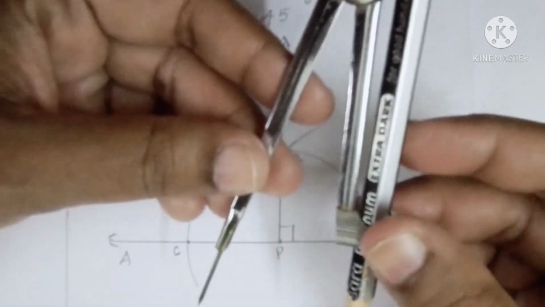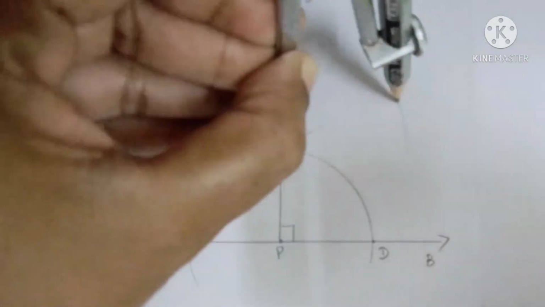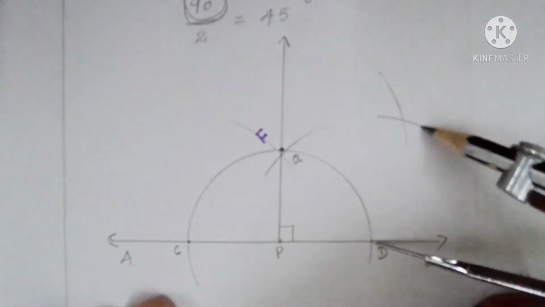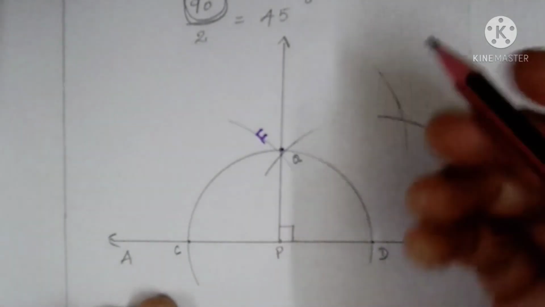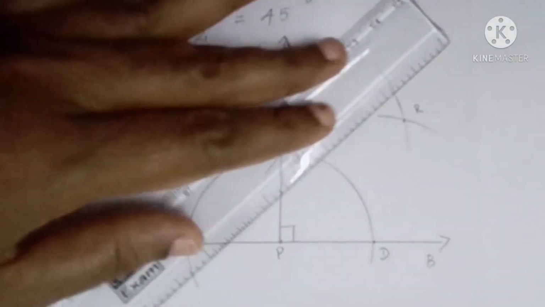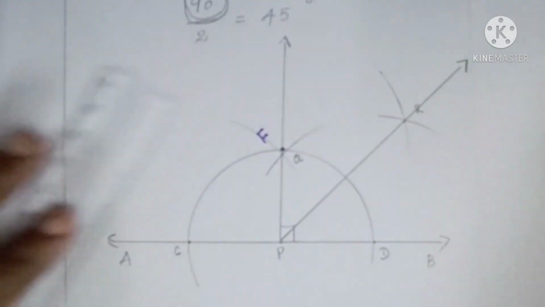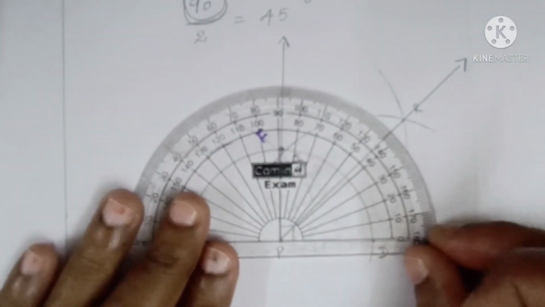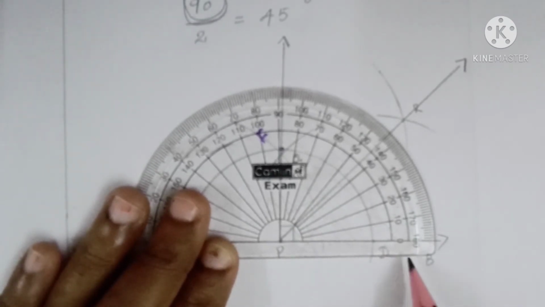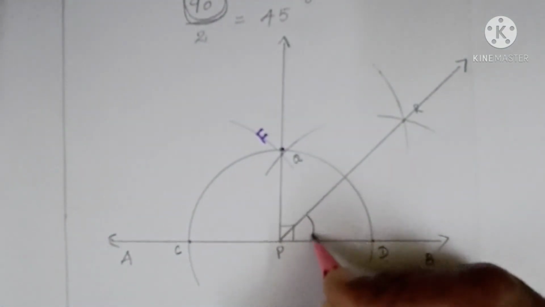Then with the same radius, draw an arc from F and D. It cut at R. Now join P and R. Now we get an angle RPB is equal to 45 degree.